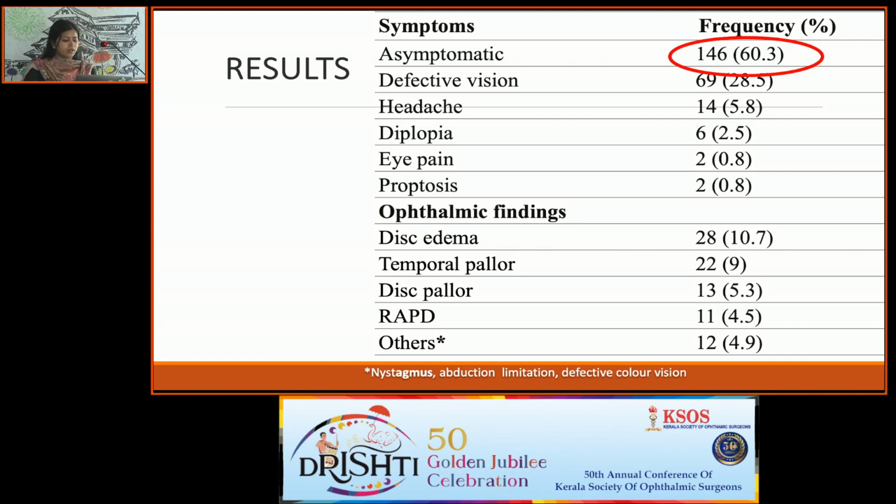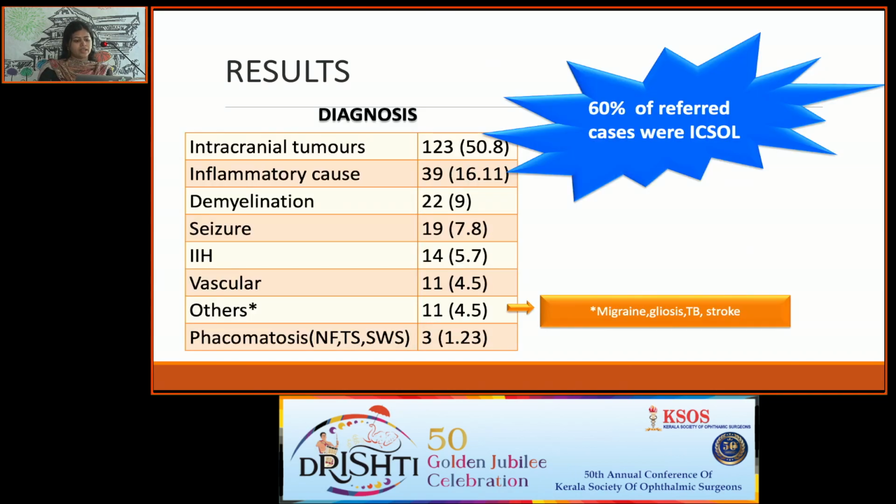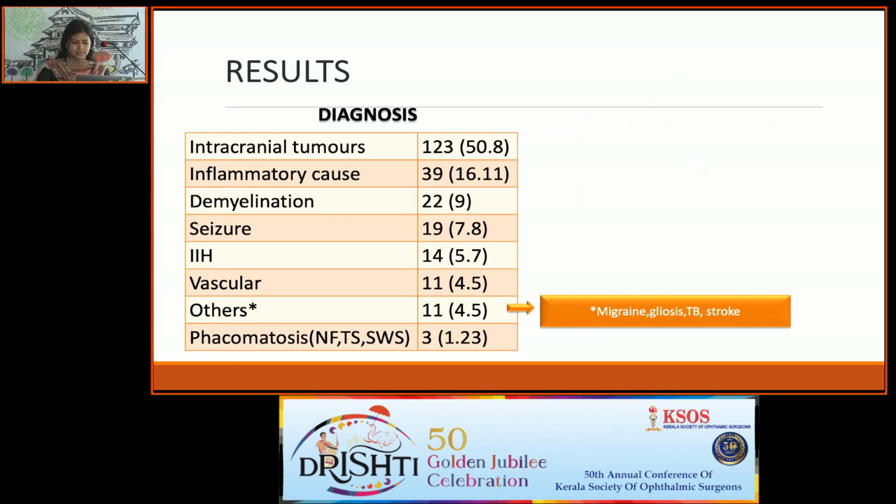Ocular findings elicited were disc edema and temporal pallor in about 9 to 10%, and others like RAPD, nystagmus, abduction limitation in around 4 to 5%. Coming to the diagnosis, 60% of the referred cases were intracranial space occupying lesions, followed by inflammatory causes, demyelinating disorders, seizure disorders, idiopathic intracranial hypertension, vascular, and others.